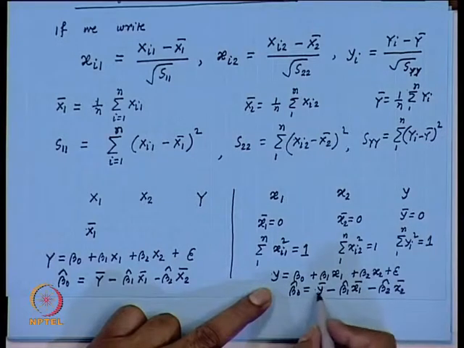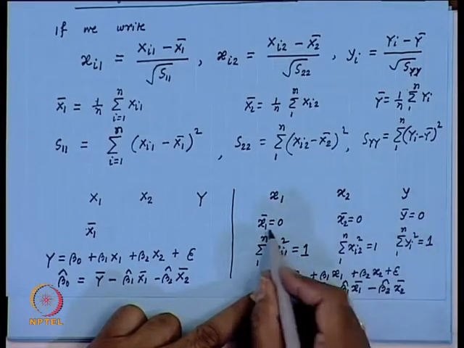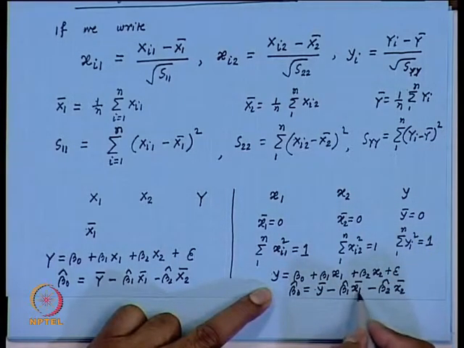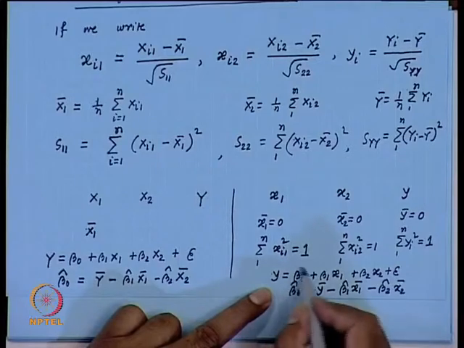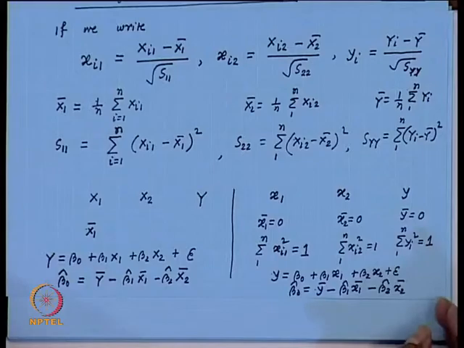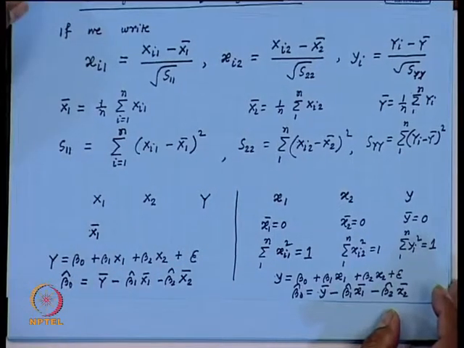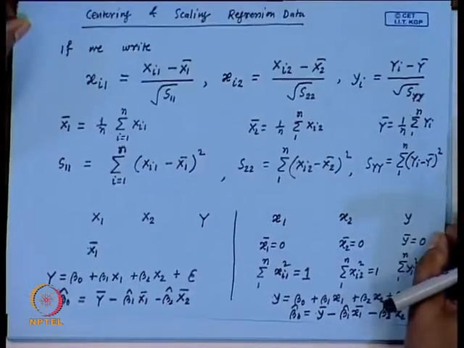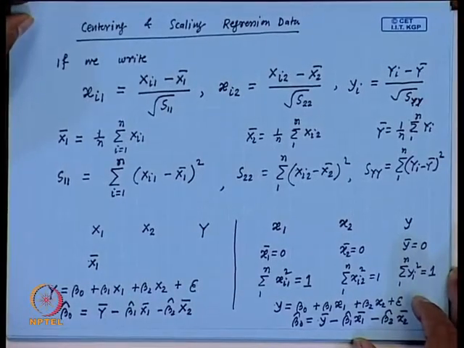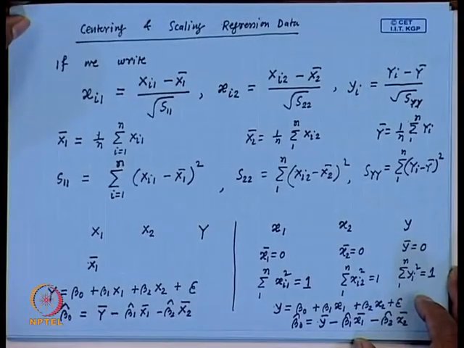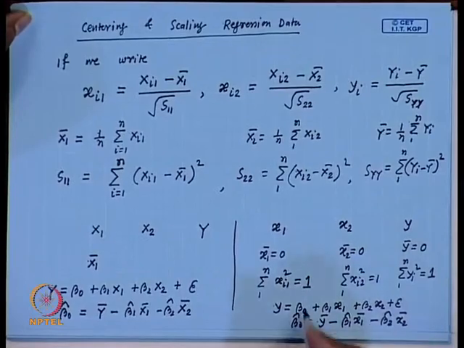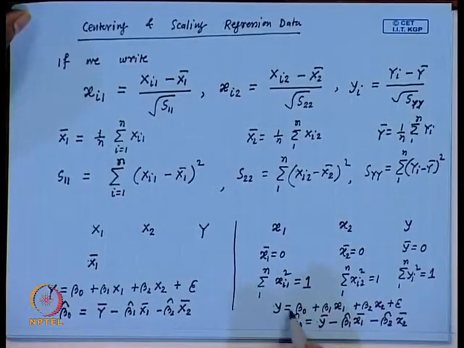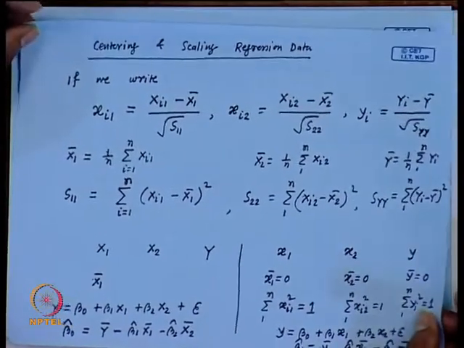But here y bar is equal to 0, x1 bar is equal to 0 and x2 bar is also equal to 0. So, the intercept for this transformed data is always going to be equal to 0. So, that is why for this scaled and centered data we will omit the intercept beta naught from the model.